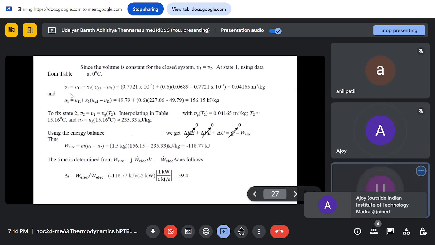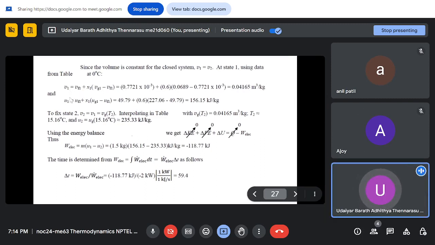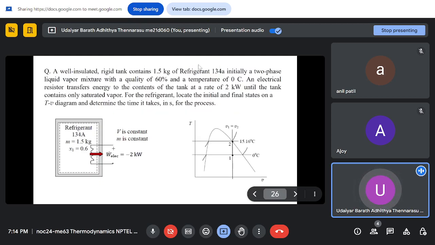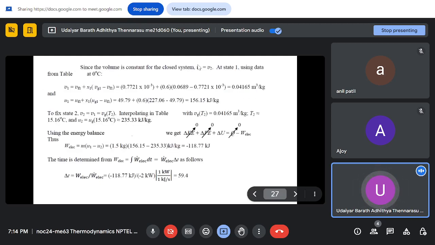Substituting that, we get a specific volume of 0.04165 m³/kg, and correspondingly the internal energy at that state. These values are again taken from the R134A refrigerant tables. Substituting that, at state 1 it will be equal to 156.15 kJ/kg.